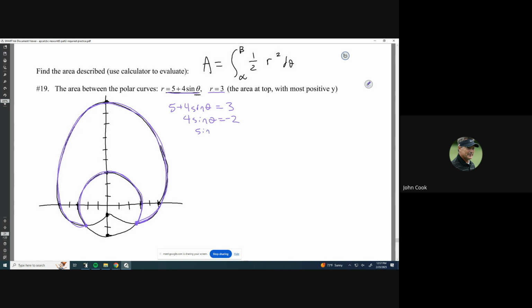That means sine of theta is equal to -1/2. And that'll happen at 7 pi over 6 and 11 pi over 6, and for some negative angle measurements, negative pi over 6 and negative 5 pi over 6. You can find more coterminal angles, but I think that's good enough.